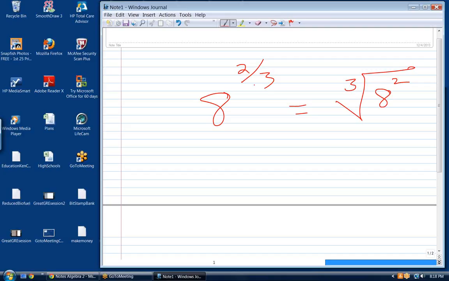And when you do these problems, always do the denominator first. It'll make the math so much easier. In other words, the cube root of 8 is 2, and then 2 squared is 4. So the answer is 4, which is easier than squaring 8 first and then taking the cube root of 64.